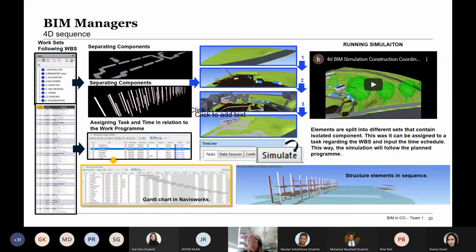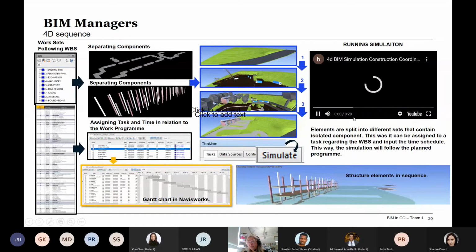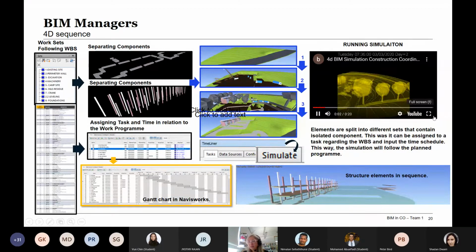The 4D sequencing, that's something that you're doing next week. So establishing and explaining what's the process that you went through. I think I can play this and you're going to be able to see the simulation sequence that they created.